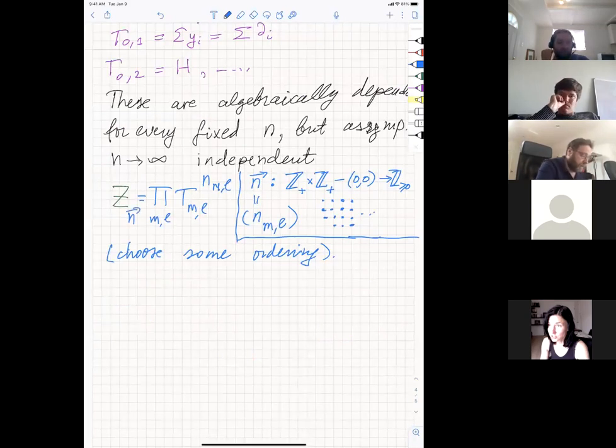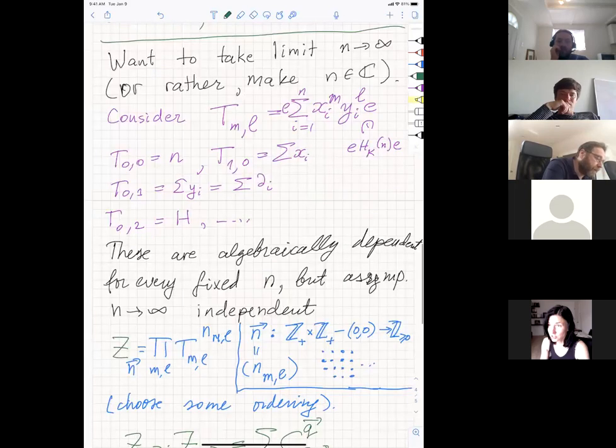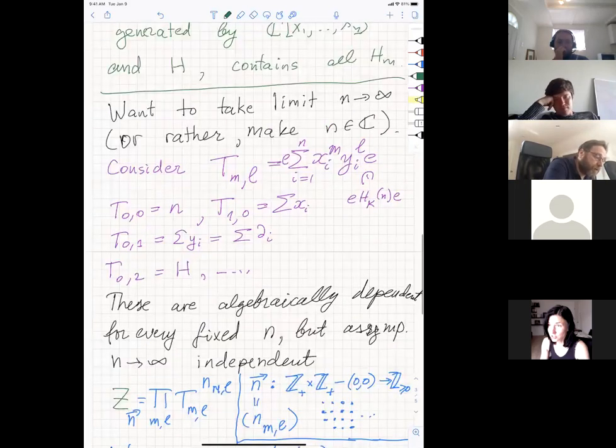And then you can try to multiply them. z_n times z_p is going to be the sum of some constants c_{n,p}^q. So let me actually use capital N for the rank, which is consistent with physics notation.